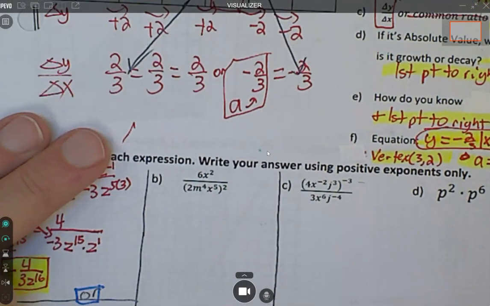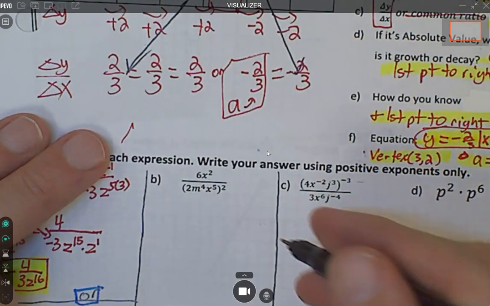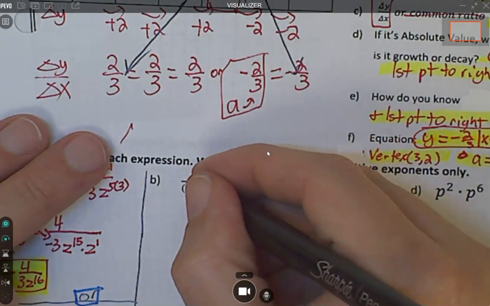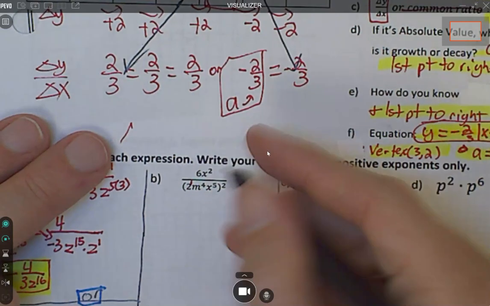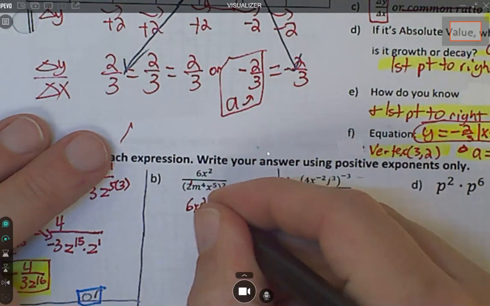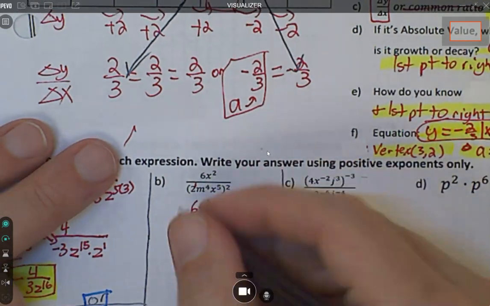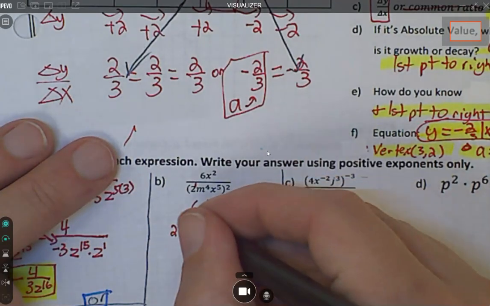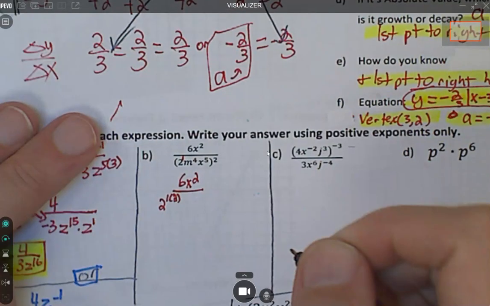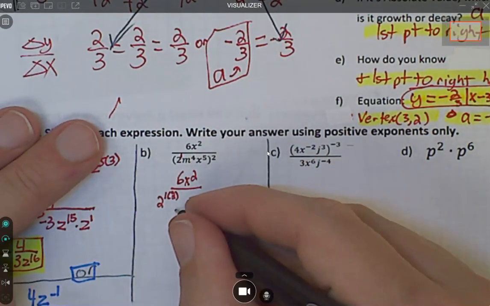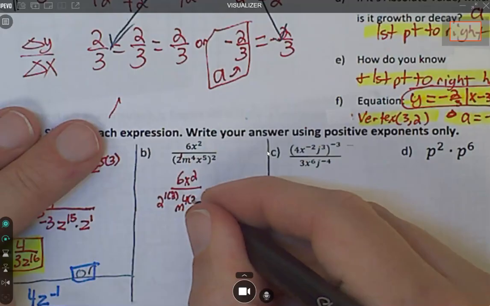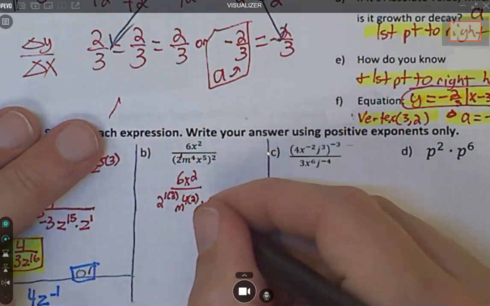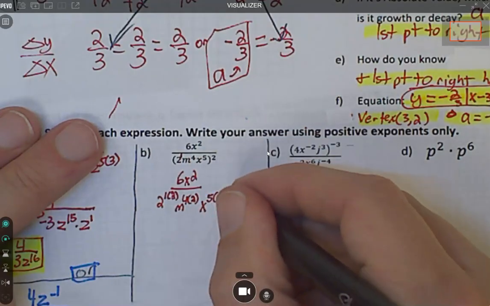Okay, so this one, I don't think I have enough space to the right to write my next step, so I'm just going to bring it down. Okay, we got 2 to the first to the second, and then we have m to the fourth to the second, and then x to the fifth times 2.